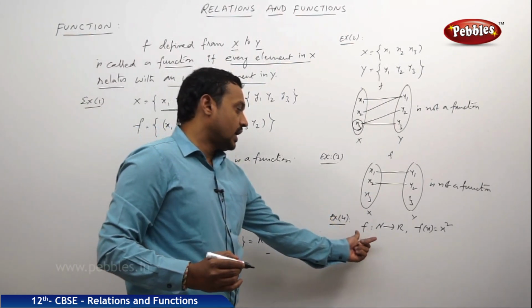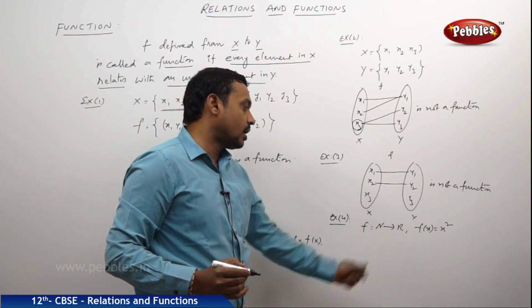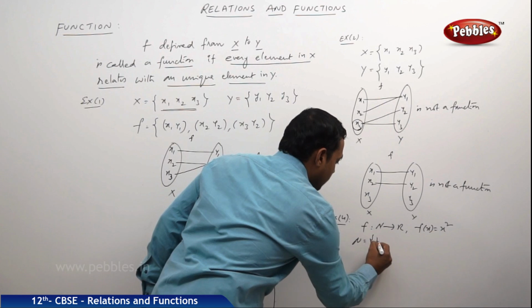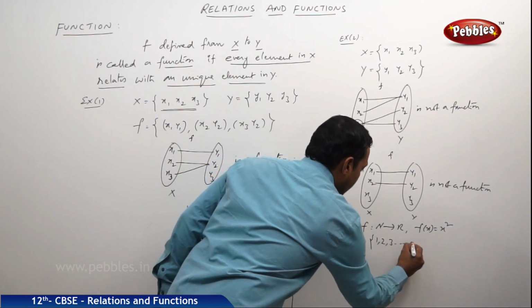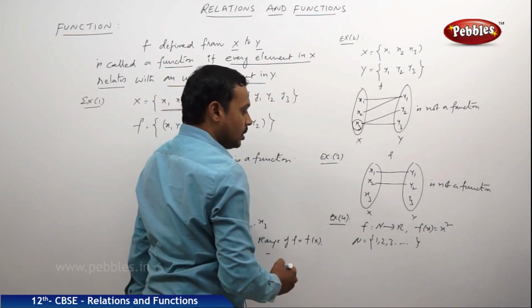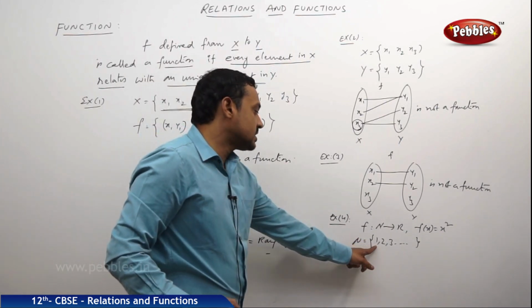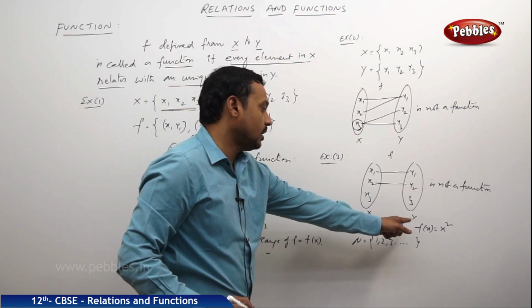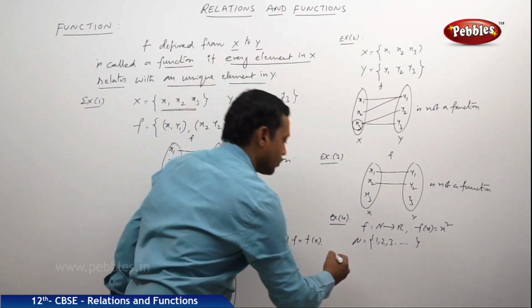Now let us check whether it is a function or not. Here N contains the elements 1, 2, 3, 4 and so on. When x is equal to 1, f of 1 is equal to 1 square.